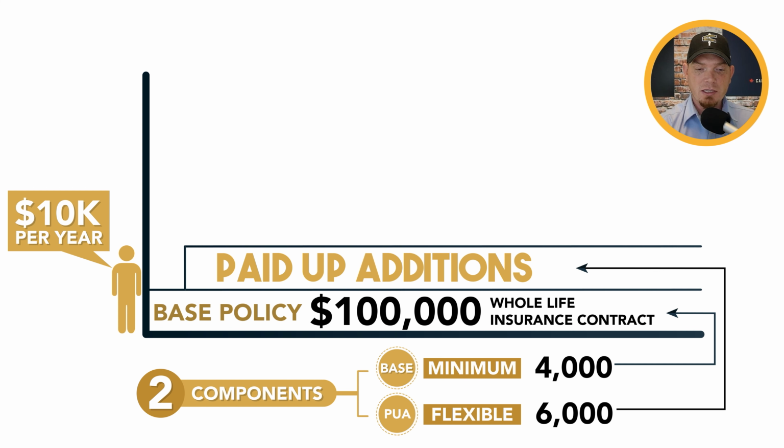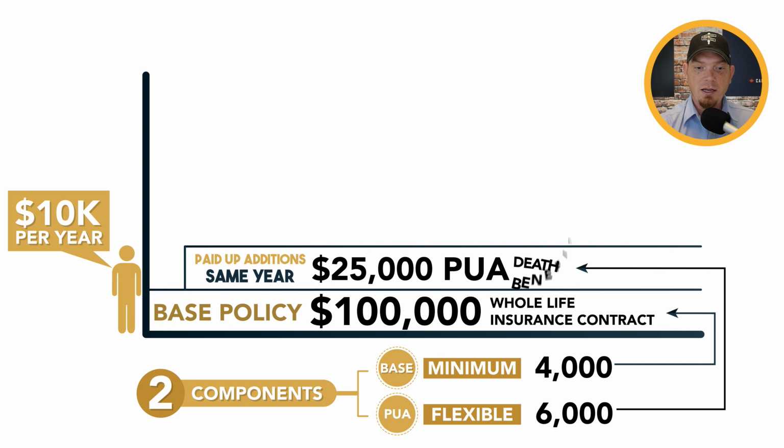So let's assume our $6,000, to keep our math simple, buys us $25,000 worth of new paid up additional death benefit on our contract. So it's increased the total death benefit. We started with $100,000. Now, right after that policy is issued and we've funded that full premium that we wanted to put in, we've accumulated new death benefit of $25,000. The new total death benefit is $125,000.